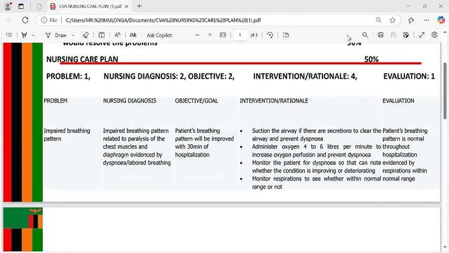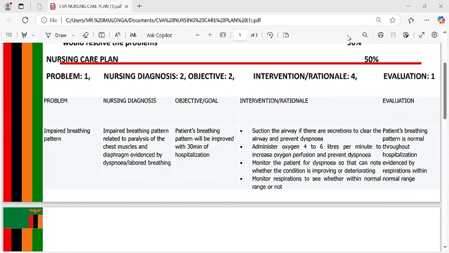For problems such as labored breathing, ineffective breathing or ineffective airway clearance, we have to make sure these problems are sorted out within 30 minutes of hospitalization, because if this person is not able to breathe within 30 minutes, they can develop other complications.